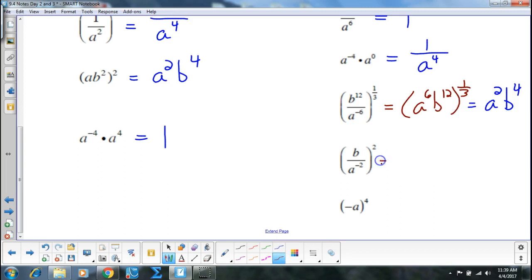Here again, this would become a squared b, then squared, which would be a to the fourth b squared. This is the second one. We just put it in there twice.